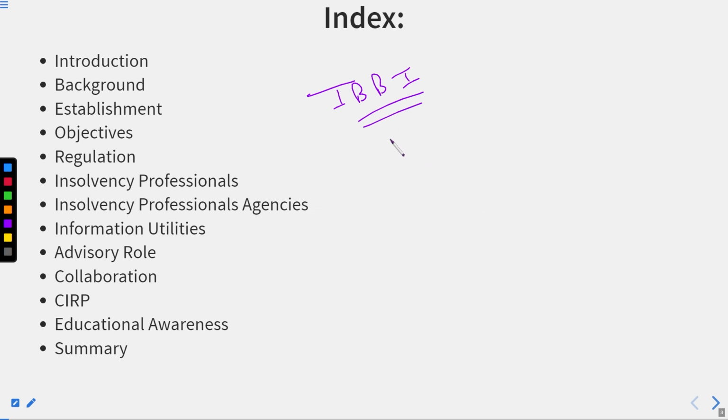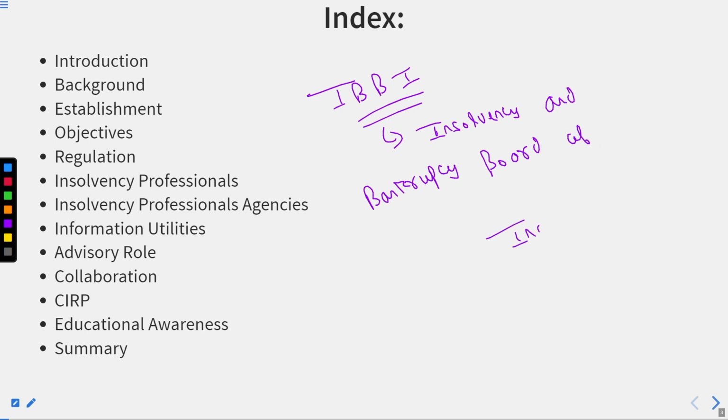The full form of IBBI is Insolvency and Bankruptcy Board of India. Okay, IBBI. Got it? We have seen several facts and figures regarding the IBBI.